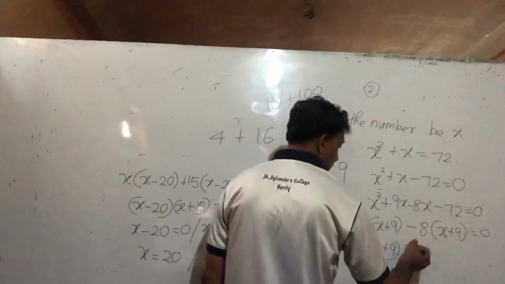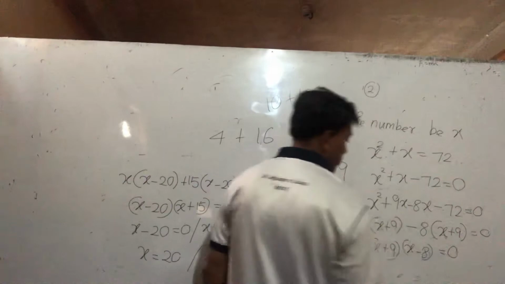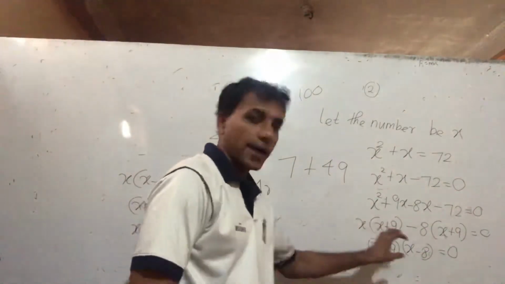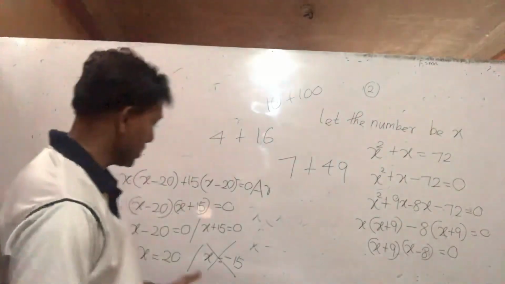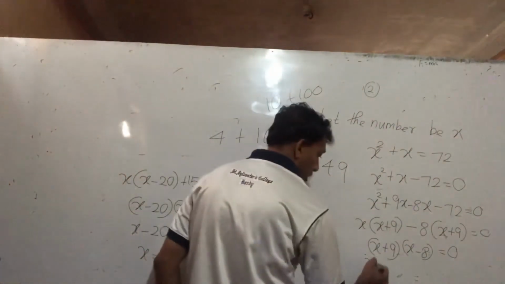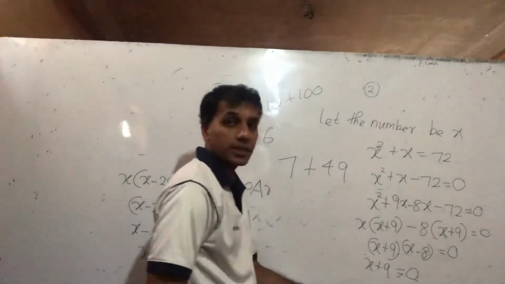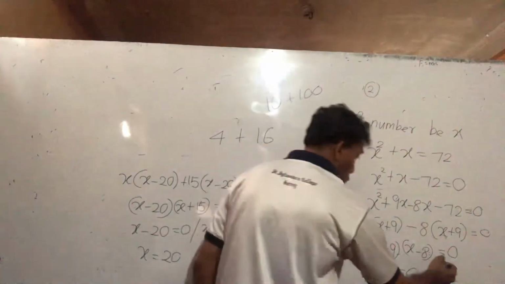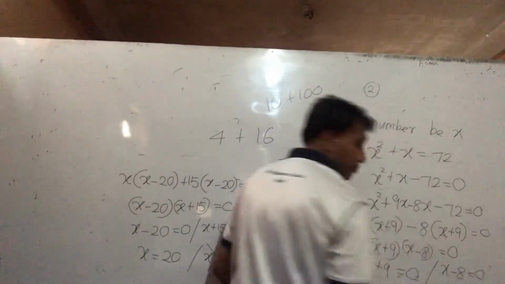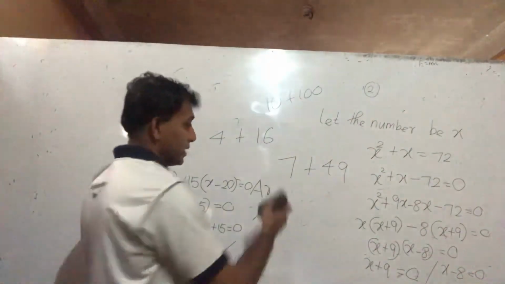The other one, x minus 8 equal to 0. So therefore here two brackets multiply to 0, as I mentioned. How to solve hereafter? x plus 9 is 0, or x minus 8 is 0.